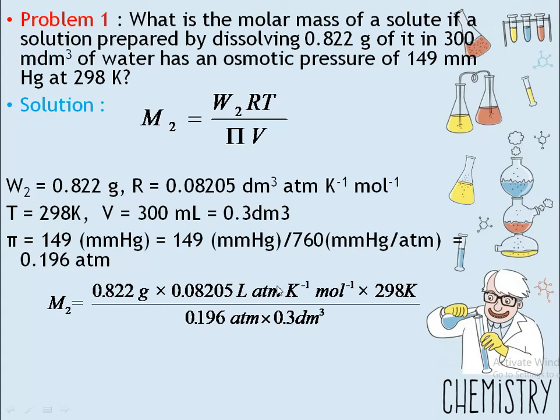By calculating all this, we get the molar mass of a solute is equal to 342 grams per mole. So using this formula, we can find out the molar mass of solute.